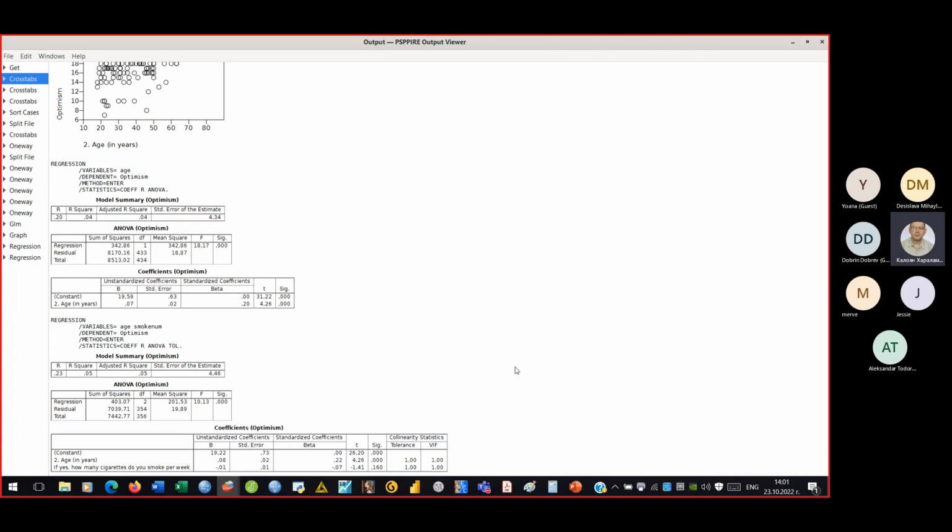Here we could use 50% as a threshold. So if this tolerance is larger than 50%, that means that more than half of the variance of this particular independent variable is not explained by the other independent variables.